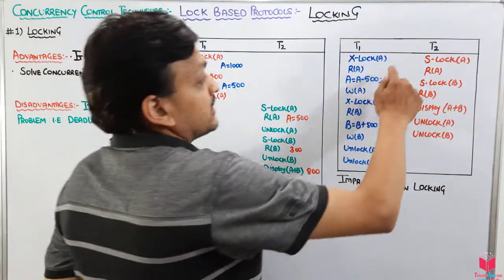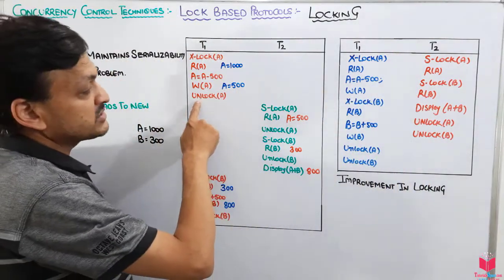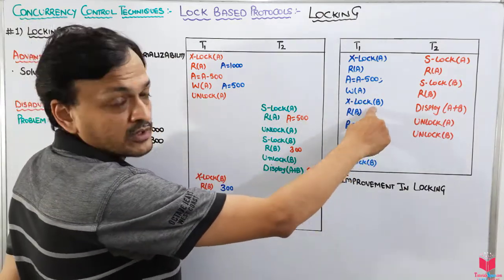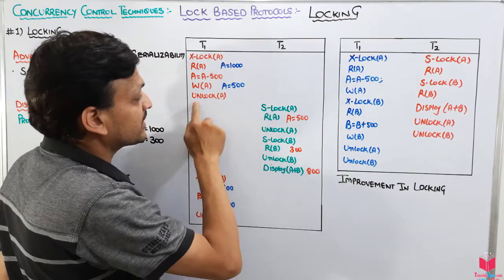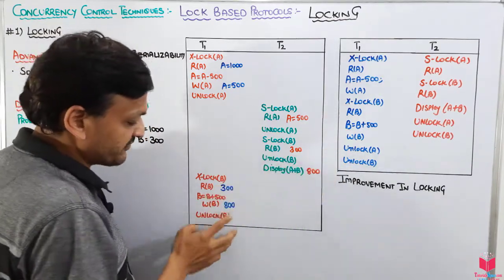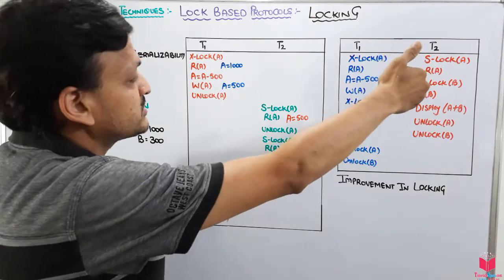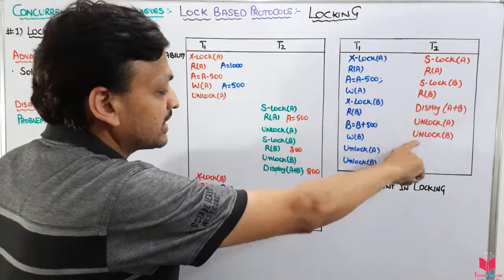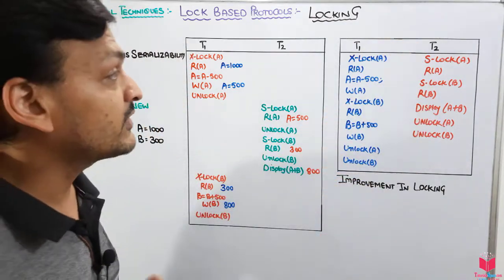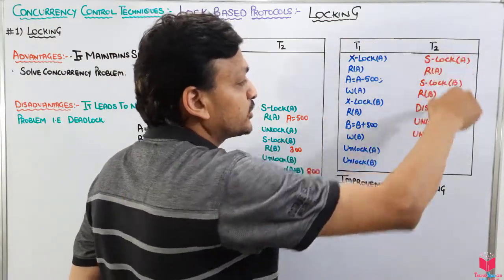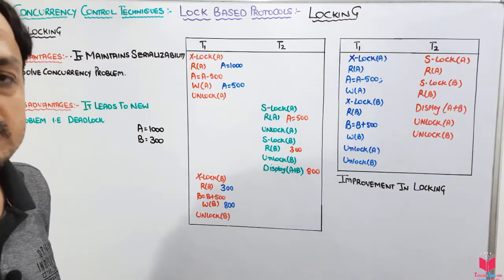So in this I am doing just that: I am not using the unlock here, I am just using the exclusive lock here, I am removing this one, and this will be shifted to here. If I use a shared lock on this and unlock at the last, then it will be okay. And if I run transaction T1 first, then T2, it will always give the consistent result.